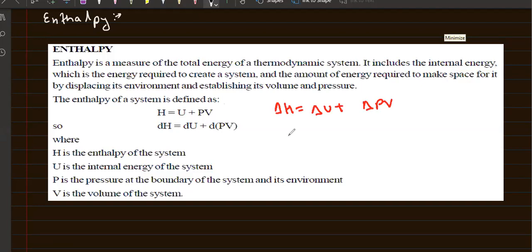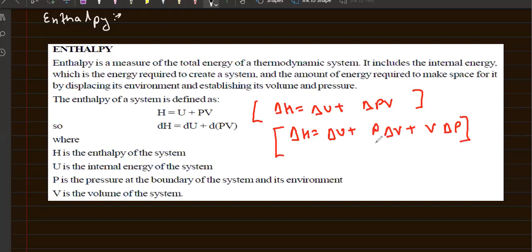I'm just revising. Now, most of the reactions that we do are at constant pressure. If you see this equation, after partial differentiation we will get P delta V plus V delta P. But since most of the reactions are done at constant pressure, this term would be zero.